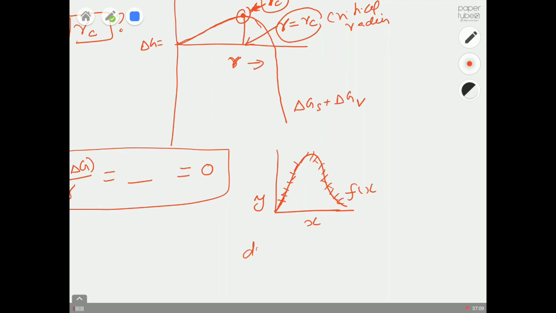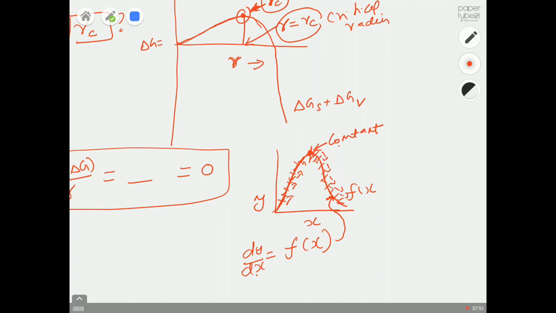So dy by dx is the change in y with respect to change in x, following some function, and that function looks like this bell curve. If you differentiate this whole diagram, at this particular point there will be some constant, and it will increase, reach that constant, and then start to decrease.